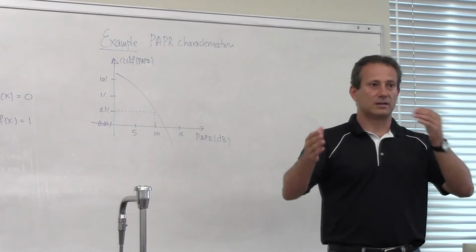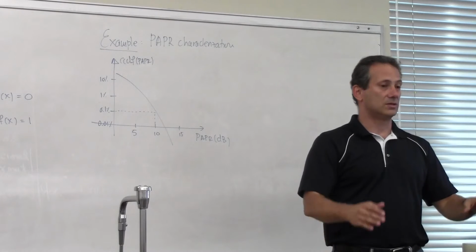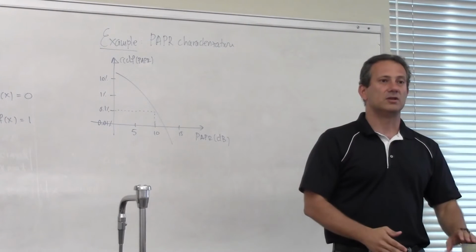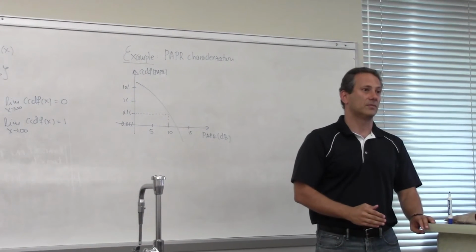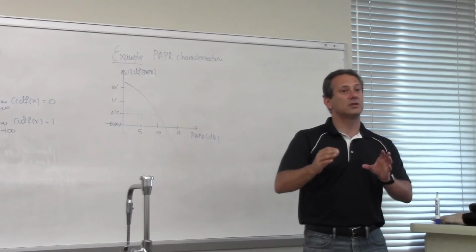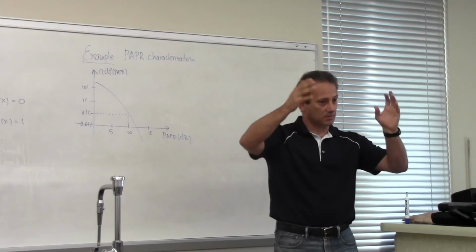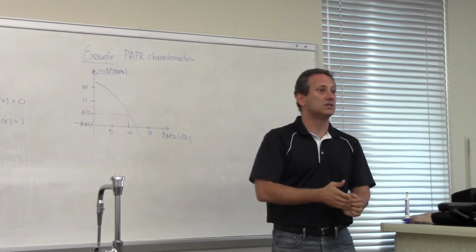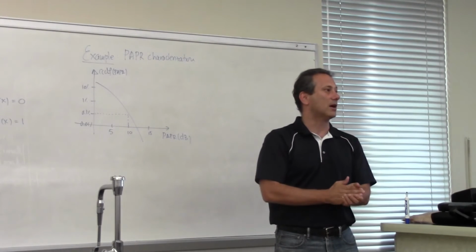You're going to collect, let's say, rain statistics for Melbourne, Florida, and you're going to say 80 millimeters per hour is exceeded 0.1% of the time, right? So 0.1% of the time throughout the year, it rains with a rate that exceeds 80 millimeters per hour.